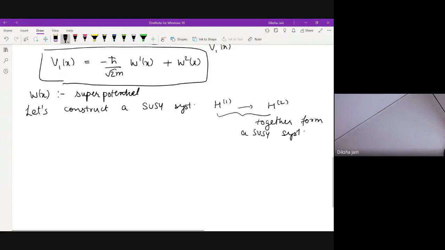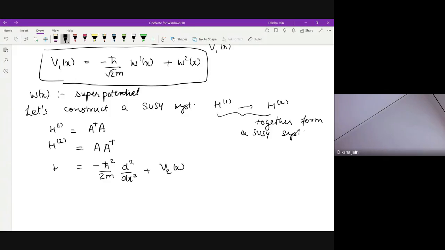So my H2 I define as A A dagger. Notice H1 was A dagger A. If you plug in A and A dagger, you will find that H2 is given by minus h bar squared by 2m d squared by dx squared plus some other potential V2 of x.